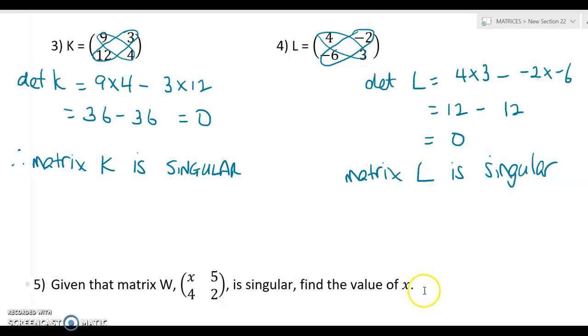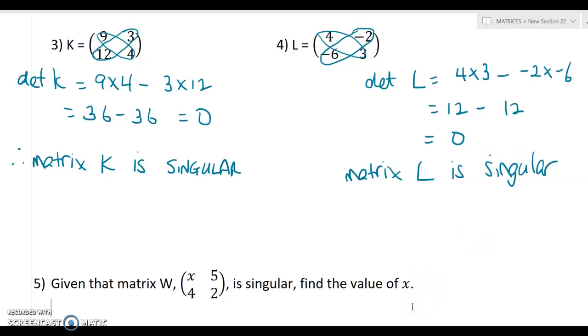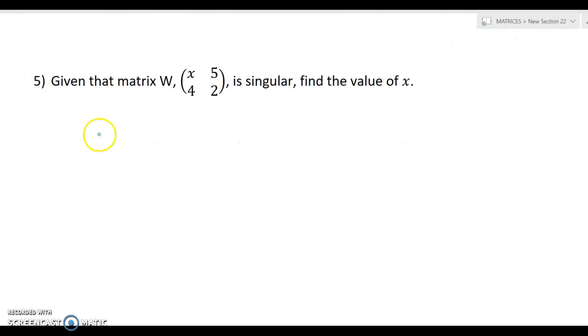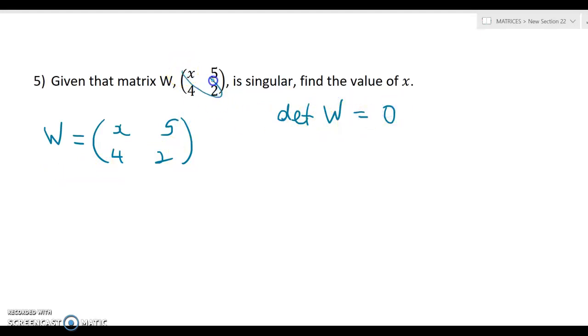Right? And now, let's look at this last question here. Given that matrix W is singular, find the value of X. Matrix W is X, 5, 4, 2, and we are given the information that the determinant of the matrix is 0. So to find the determinant, X by 2 minus 5 by 4, and that is equal to 0.